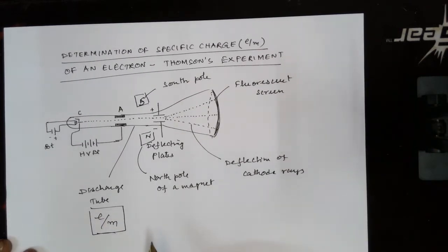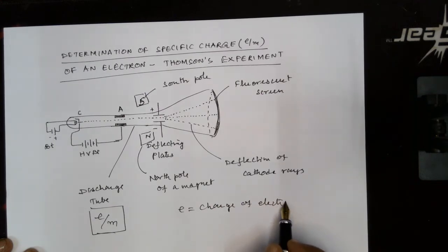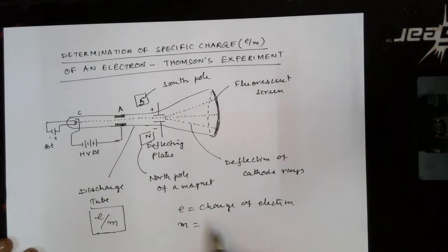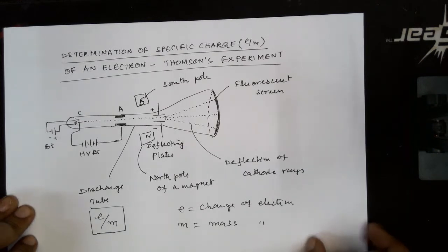That is charge per unit mass. e is equal to charge of electron, m is equal to mass of electron. So this is the experimental setup.